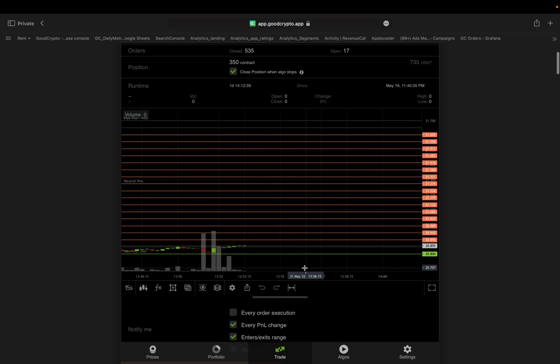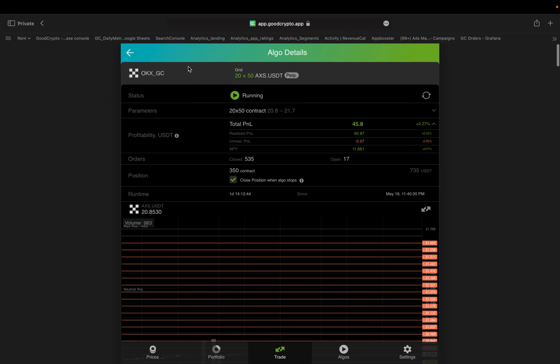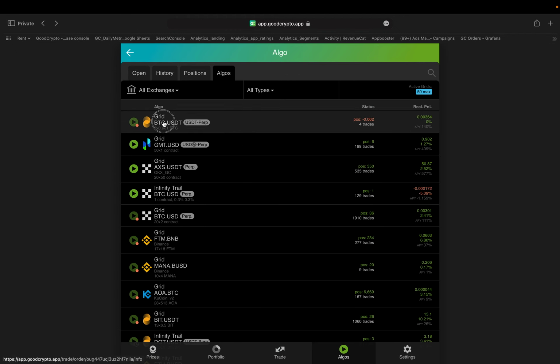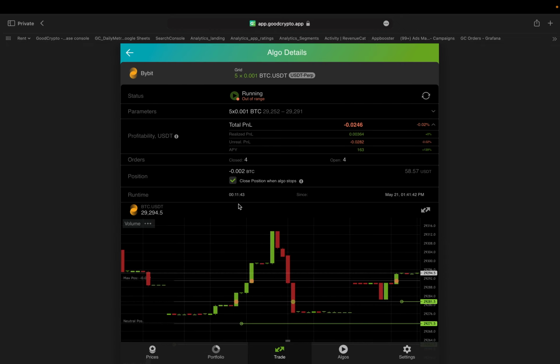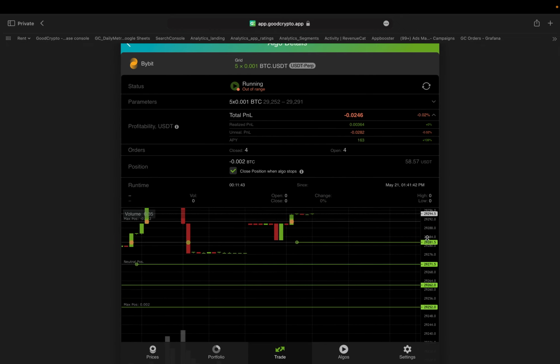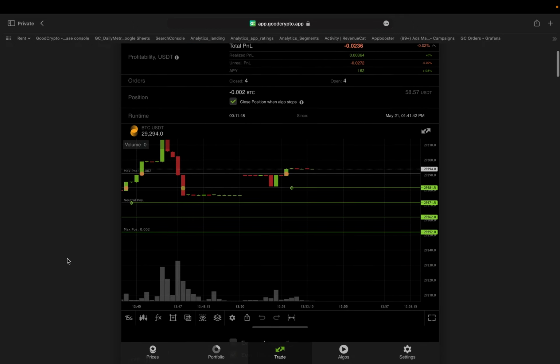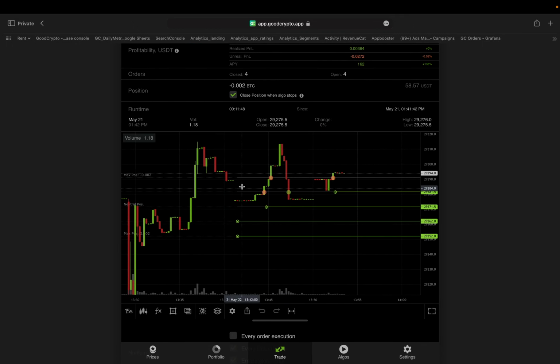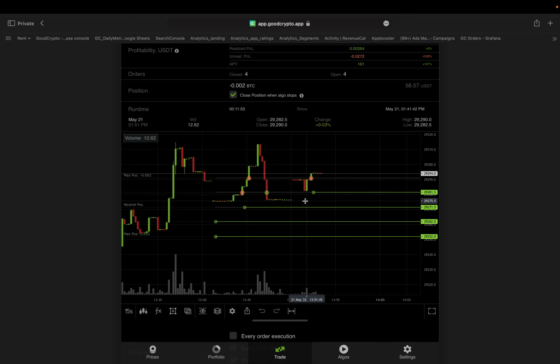Okay, let me go back to our grid that we launched just recently. That is 5 levels. As you can see, it's been in and out of the grid level for some time.